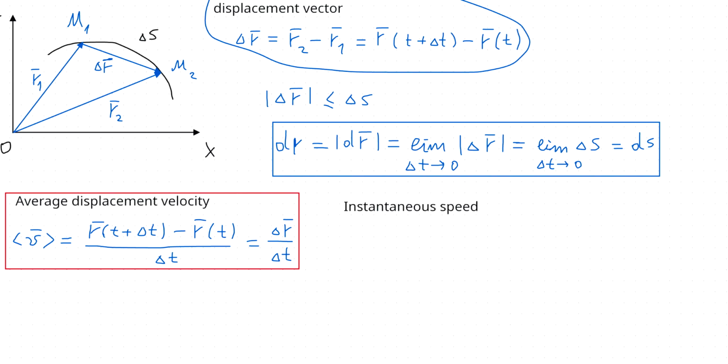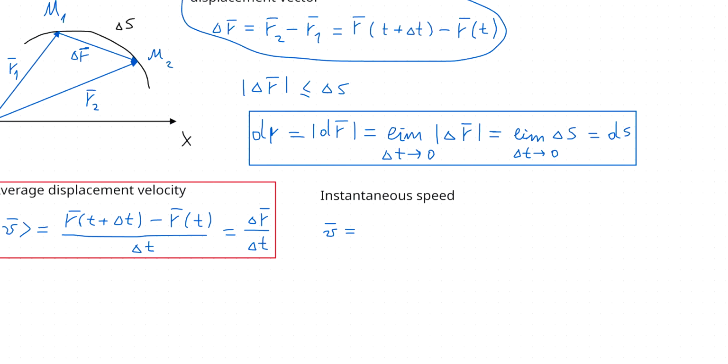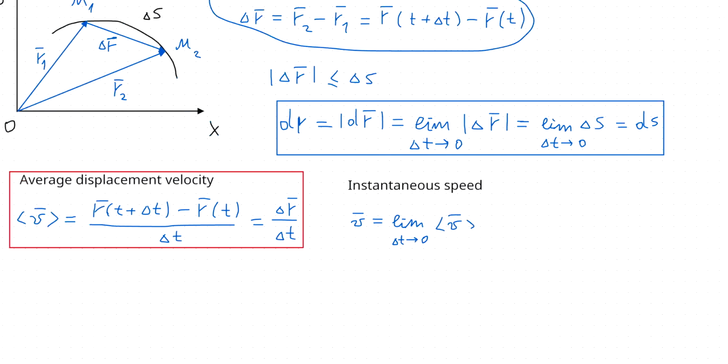So it can be defined as vector v is the limit, as the increase of time tends to zero, of the average displacement velocity.